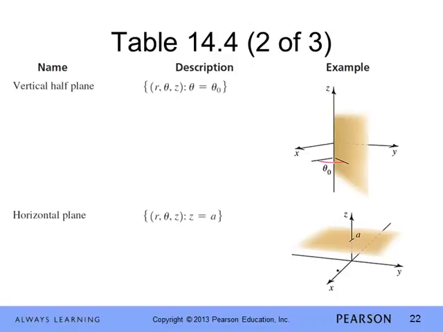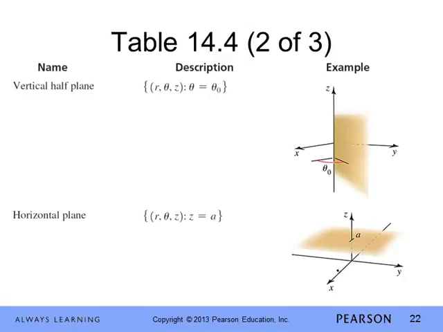You could have a half plane, and in cylindrical coordinates, it's given by the equation theta is equal to some number. That number being the angle that that plane makes with the positive x-axis.